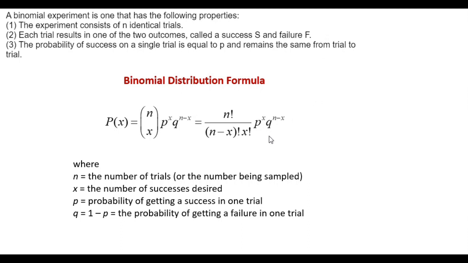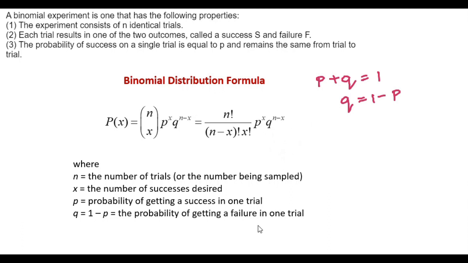So p plus q equals 1, because the probability of success plus the probability of failure equals 1. So q equals 1 minus p. In some books, instead of q, they use 1 minus p.